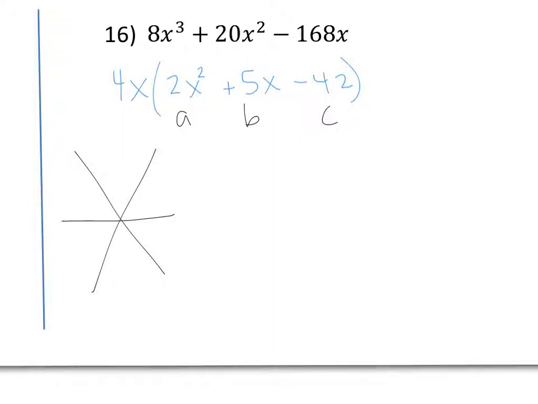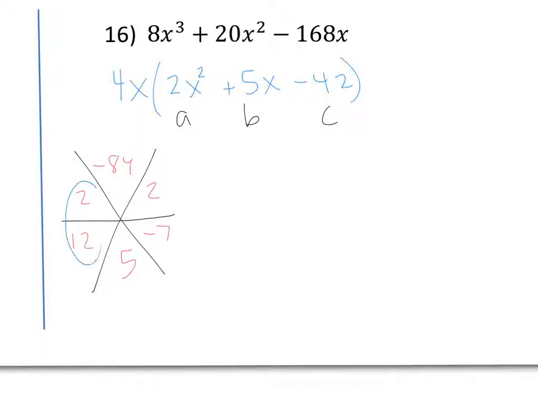Up on the top of my snowflake, I have 2 times negative 42, which is negative 84, and 2 and 2 in the top two positions, and then 5 on the bottom. When you ask yourself what are factors of negative 84 that when added together give you 5, it's 12 and negative 7.